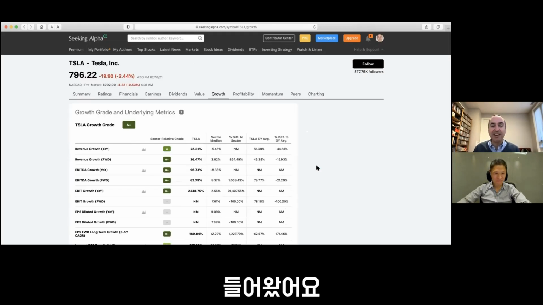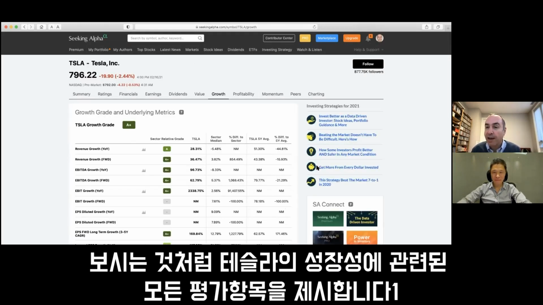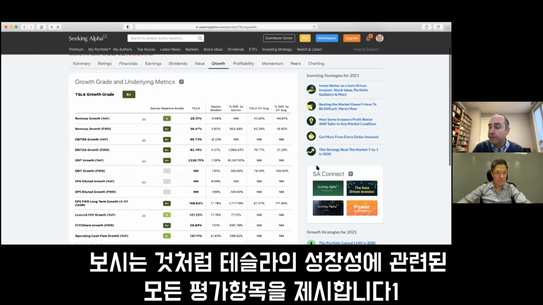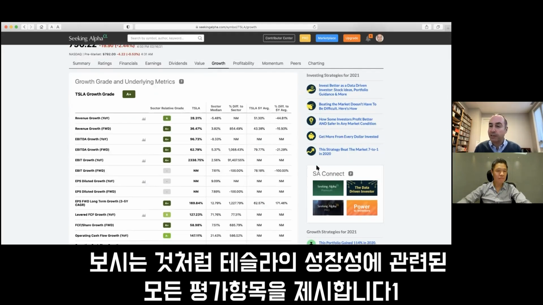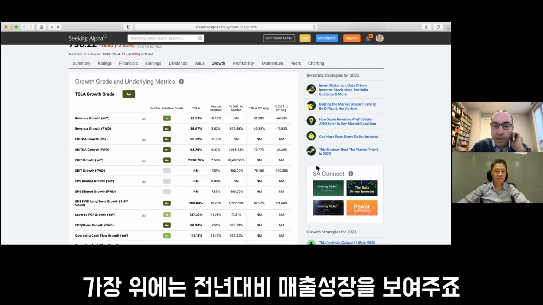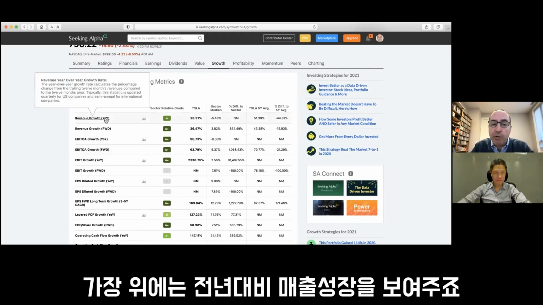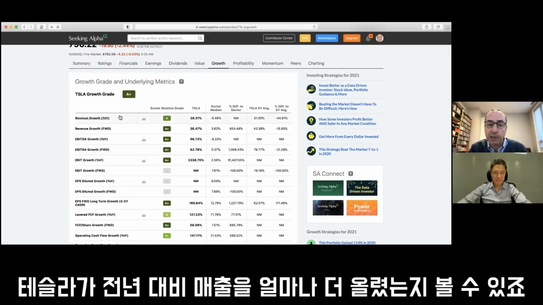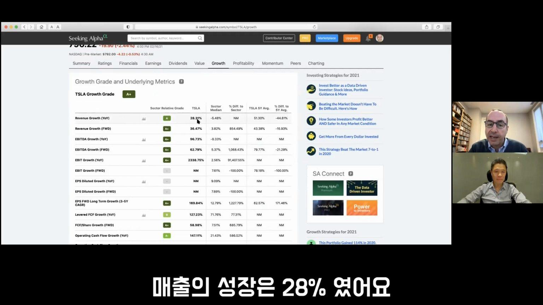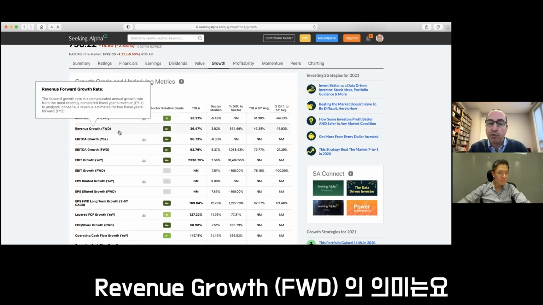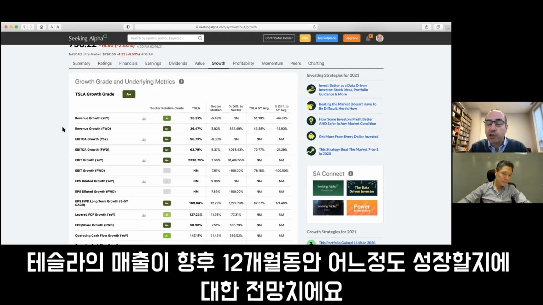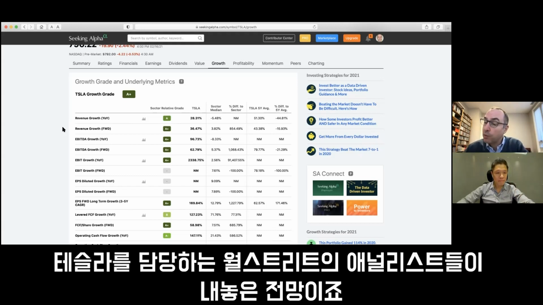Okay, here we go. I've clicked on growth, and what this does is it gives me all the growth metrics for Tesla. It shows me the year-over-year revenue growth. That's how much Tesla has increased its sales in the last year. It's grown sales by 28%. Forward revenue growth means how much Tesla is predicted to grow its sales over the next 12 months, according to the Wall Street analysts who cover the stock.